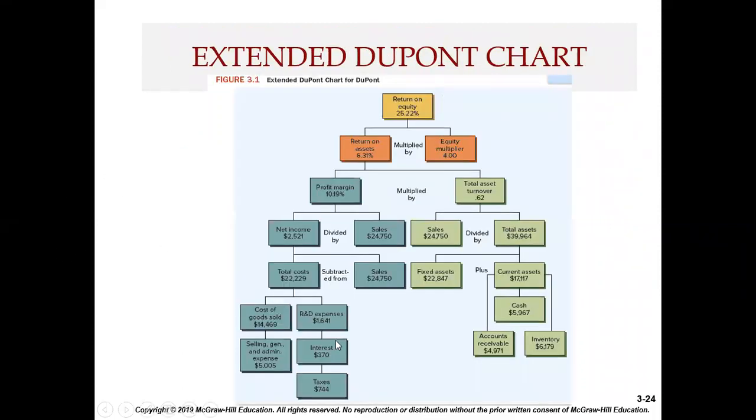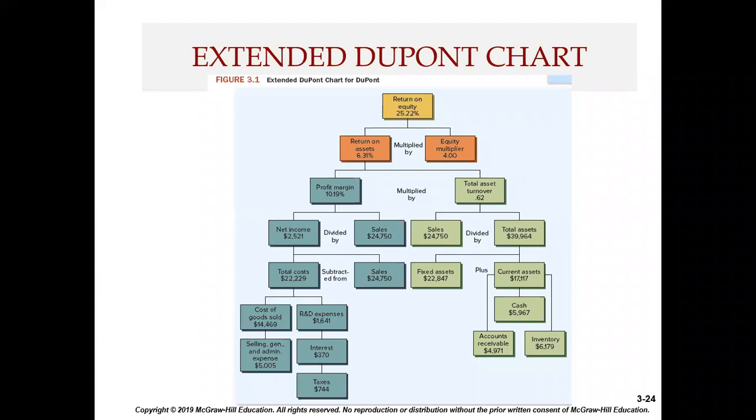I love this, the DuPont chart. So now we see how all of these ratios are related. So return on equity would start as return on assets times the equity multiplier.